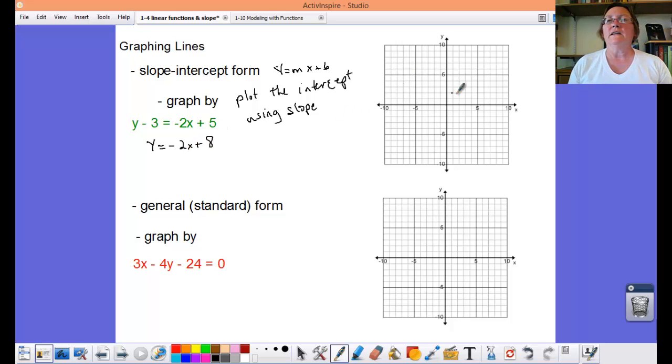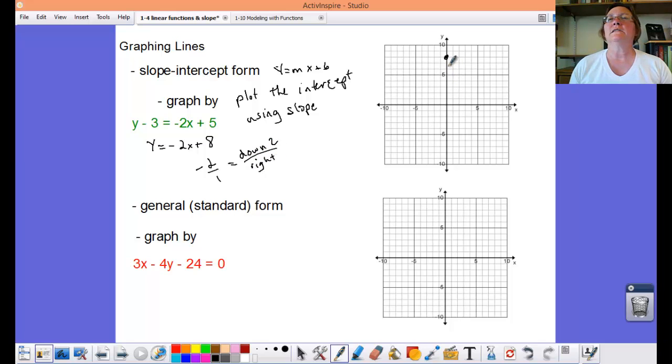So to graph this line, we'd go up to 8, and then we'd use a slope of -2, which means we go down 2, while we go right 1.